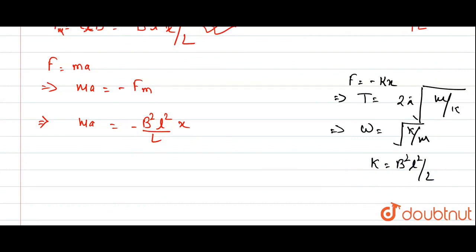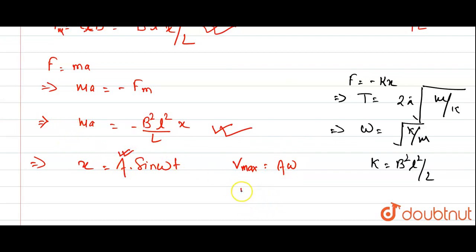So just write, we know that this is the equation of SHM. So x is equal to a sin omega t. And one more equation, V max is equal to a omega, because we don't know the value of a here.